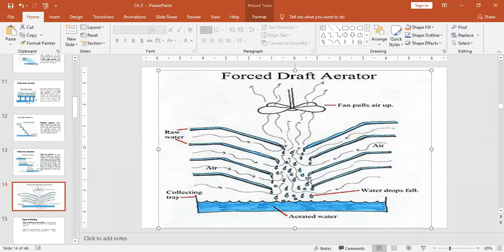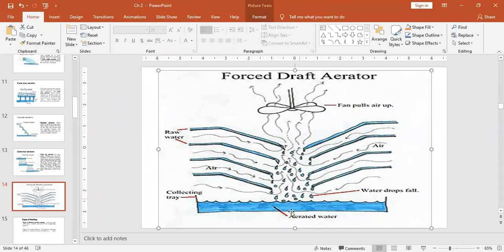If the air remains here for a longer time, it may not allow new air to enter. That's why it needs to be escaped immediately, and for that purpose a pulling fan is provided at the top. This will pull up the air that reaches the center of this aerator.